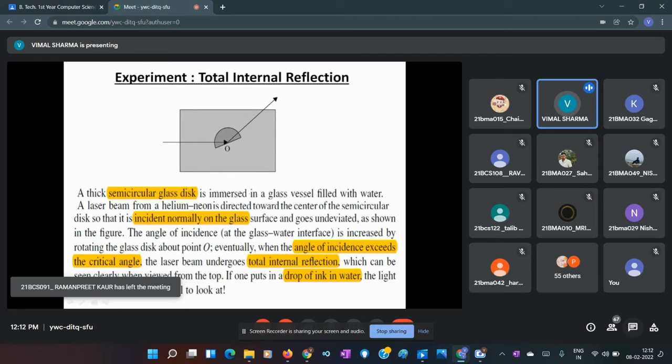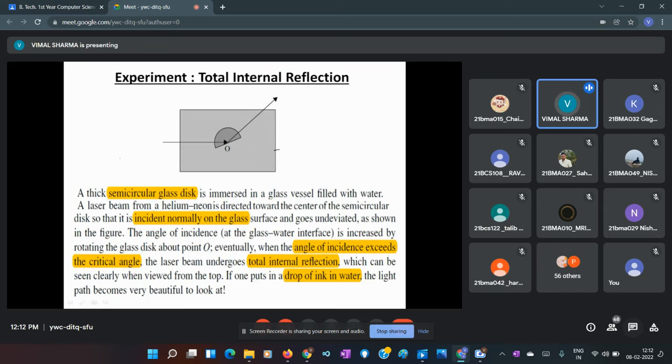So for that we do this very beautiful experiment. In this you can see we have a big rectangular container filled with water, and inside this container I have a semicircular glass disc. You can take any glass, but it should be semicircular in shape.